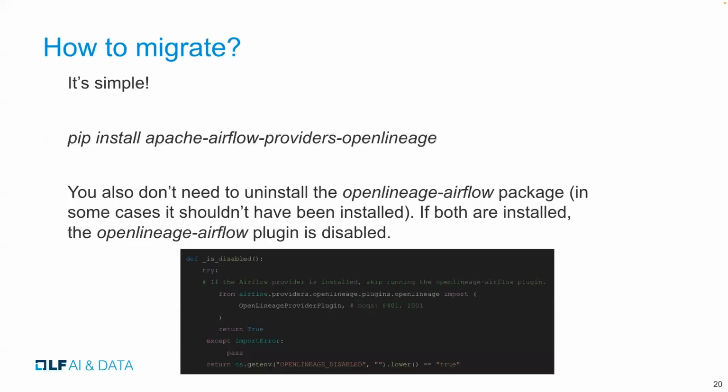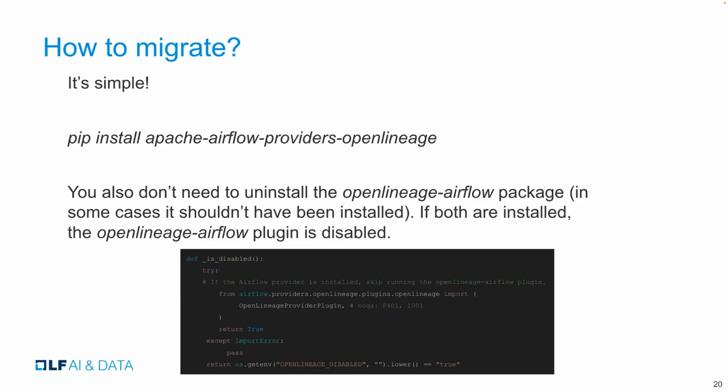So the main question is how to migrate. The easiest one is that you just need to do the pip install for the specific package. Of course, you can choose which version if you need it. And also, you don't actually need to uninstall the OpenLineage Airflow package because it's getting disabled when it detects that the provider package is installed and enabled.